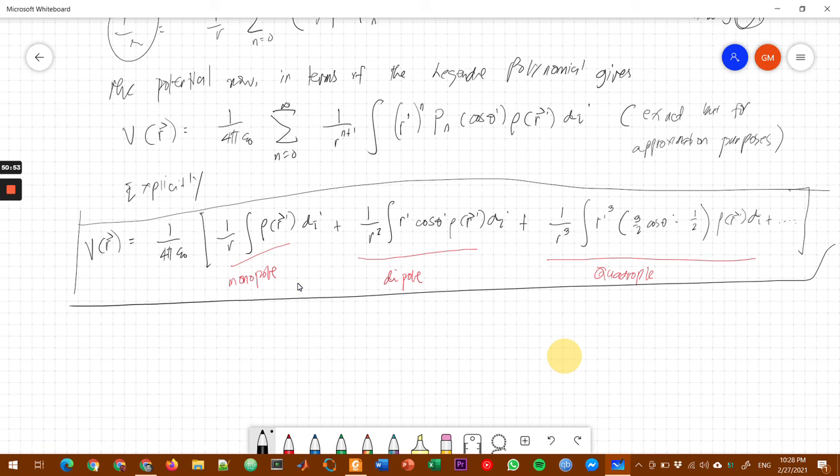But if you want to improve your approximation for greater precision, if required siya, then you can include the second term, the third term, and so on. Okay, for dipole and quadrupole, some kind of a correction. Okay, not only the monopole nga term. If you include the dipole, quadrupole, and if you include everything, then your solution will be exact. Okay, so it will not be an approximation anymore.